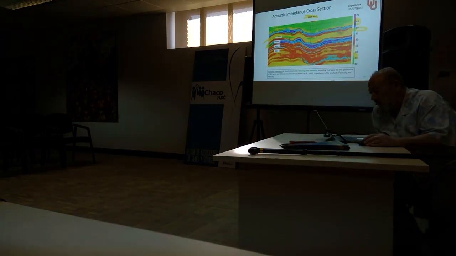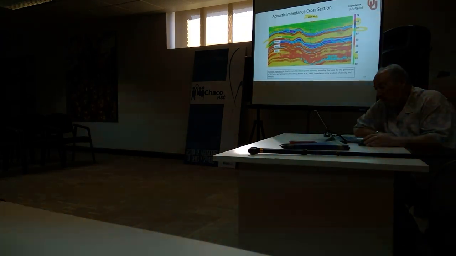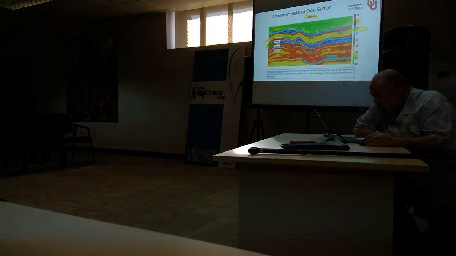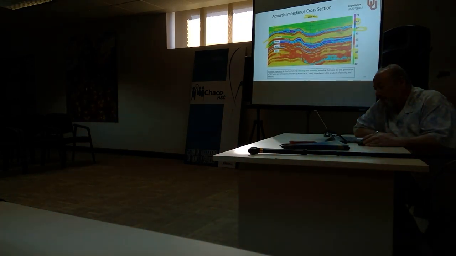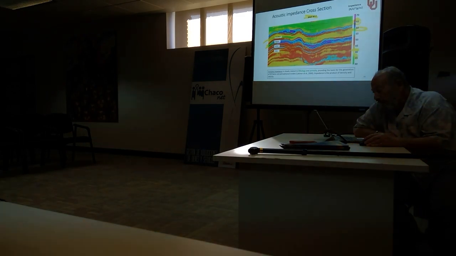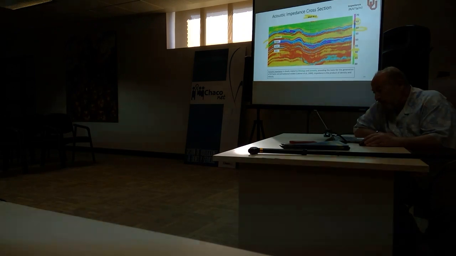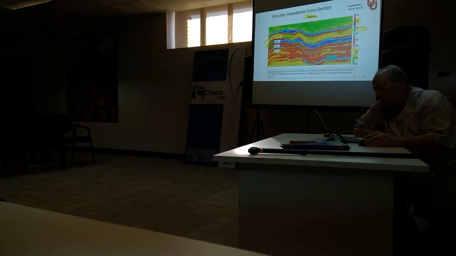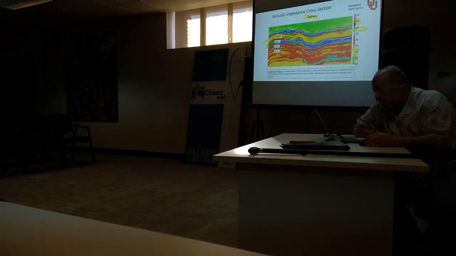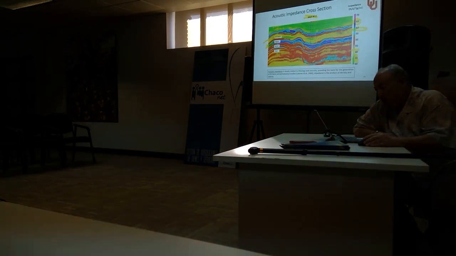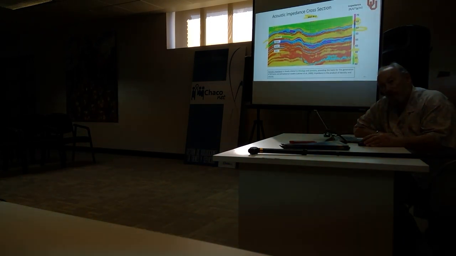So what we have here in the Woodford is a lot of this is yellow. Okay, a lot of the Woodford is yellow, which is about 40 or 45 units of acoustic impedance. The green interval that you see occasionally is very discontinuous. That's a little bit lower acoustic impedance, 30 to 35. So you've got high acoustic impedance in yellow, low acoustic impedance in green.